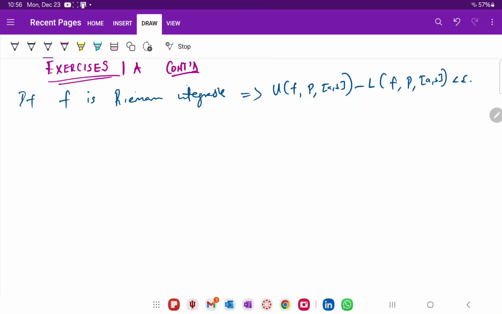Question 4 on the textbook we are using. Suppose f, g from a, b to R are Riemann integrable.